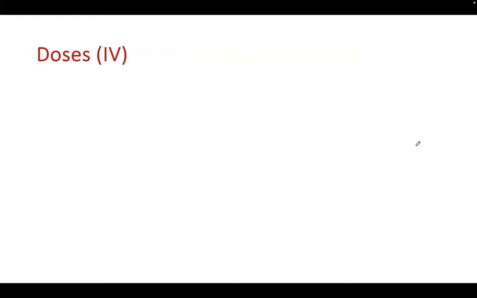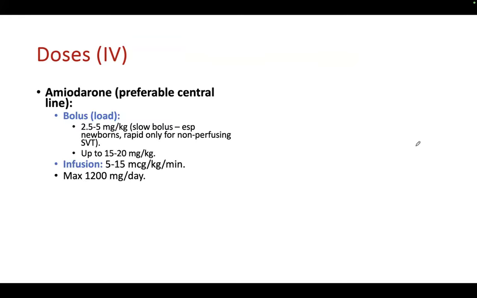Okay, so what are the doses? People ask me about the doses all the time. For amio, preferably central line, and then people can usually bolus and then may start an infusion. Okay, I honestly don't bolus all the time, especially babies, because they might be very sensitive to amio.